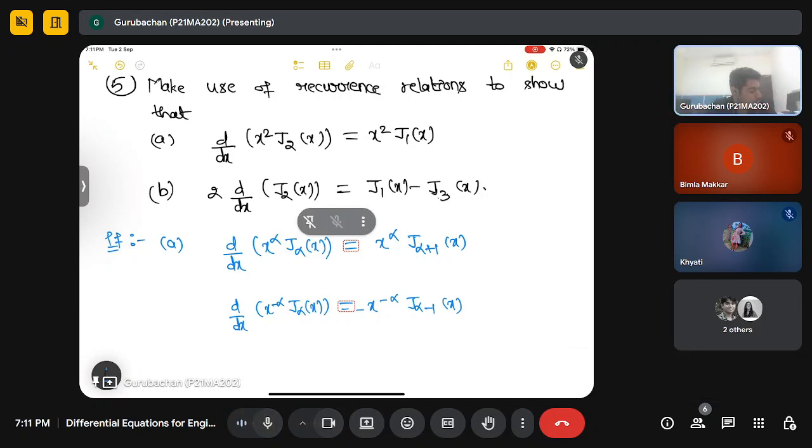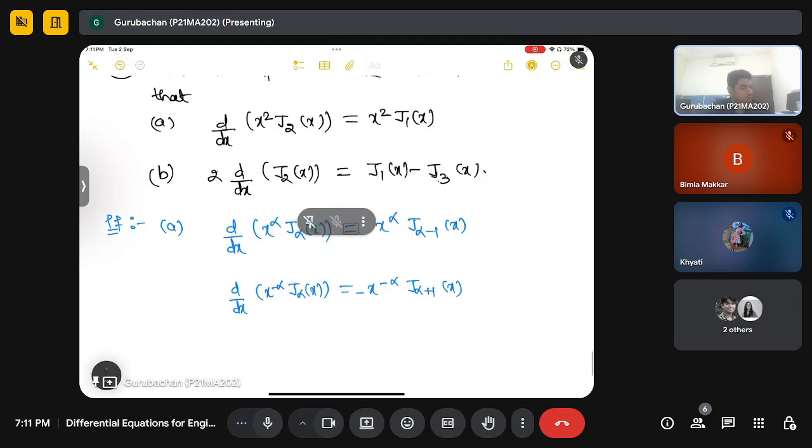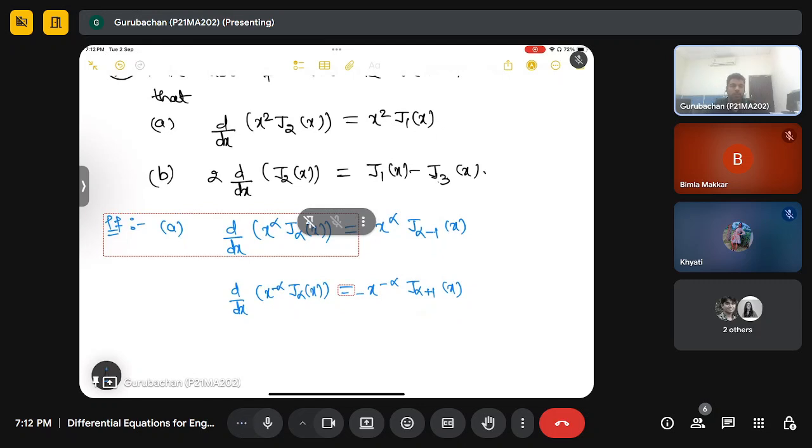I'm sorry, there is a typo. This will be minus 1 and this will be plus 1. So I hope it is clear now that we have to use the first one. So what is the alpha here? Alpha is 2.